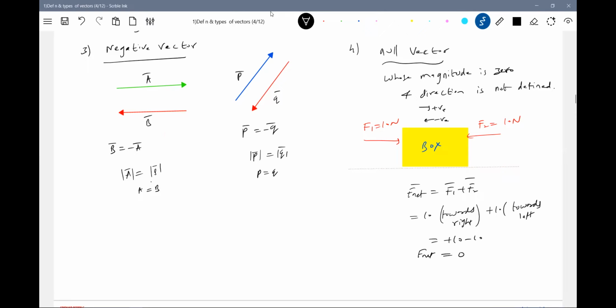Then how do you write that equation? F1 bar plus F2 bar is equal to 0, no? You have to write it, no? So what do you mean by 0? This is also a null vector. This 0 is what here? A null vector. What this 0 says: I am a null vector.